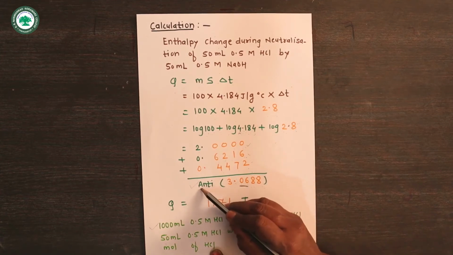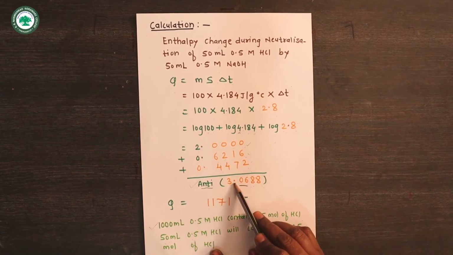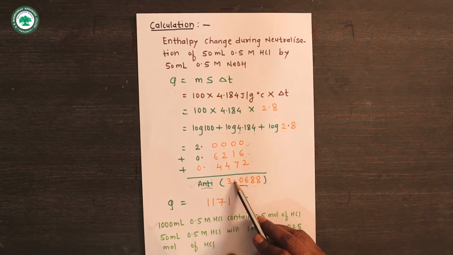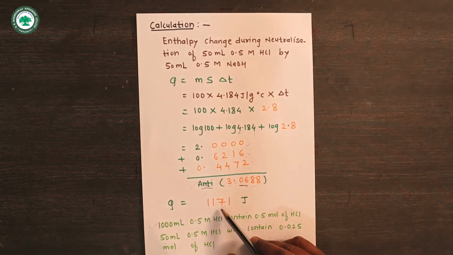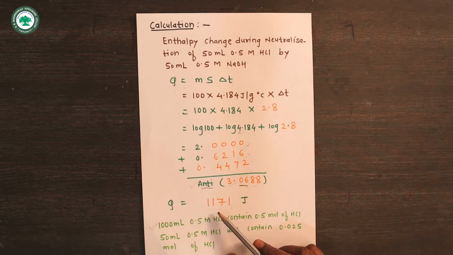Now we have to find the antilog of this term. We find the antilog of 0.0688, and the total number obtained is 1171. Before the point in the antilog term 3 is there, so we put the point after 4 digits, and so the value of Q obtained is equal to 1171 joule.